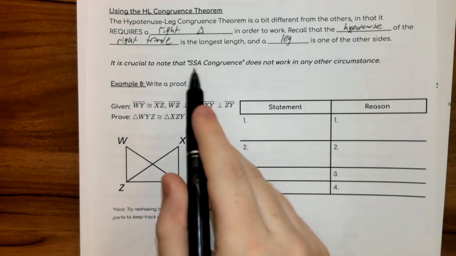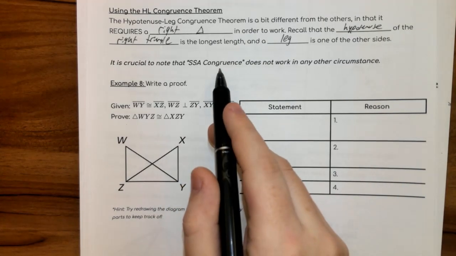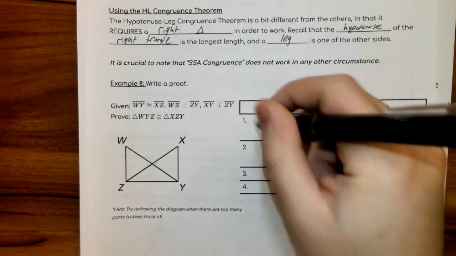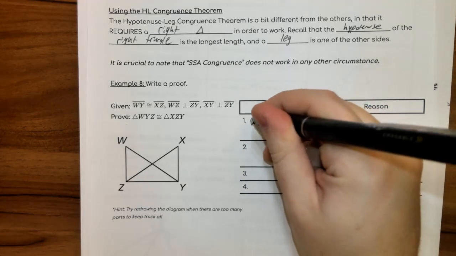As we sort of implied before, SSA congruence does not work in any other circumstance. This is the one theorem that does not work. After all, like I said before, think of the absolute horror of naming it if you had to name it backwards. So instead, let's take a look at our given here.